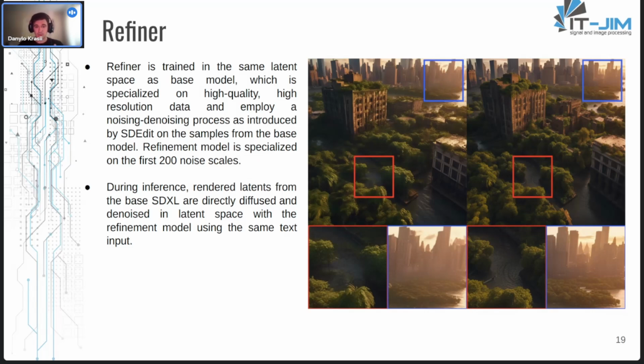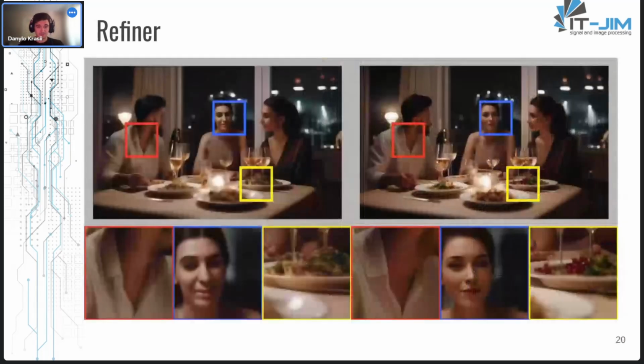On the left is the base image, and on the right is the refined image. We can see that the refiner added some details to water. It improved skyscrapers' quality, but actually the refiner is optional, so we may just not use it and save a bit of time.